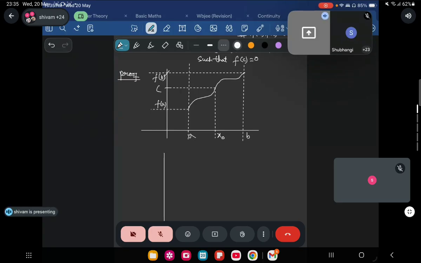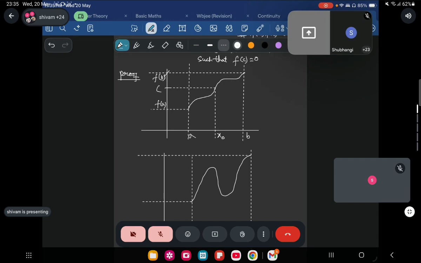Pay attention. If I draw the graph like this, this is f of a and this is f of b.